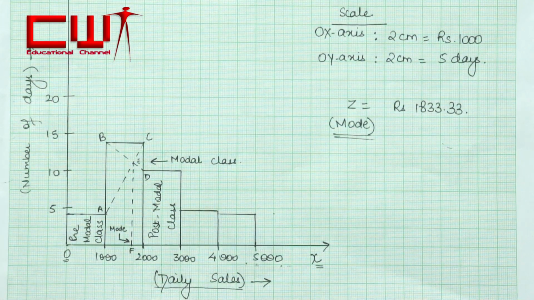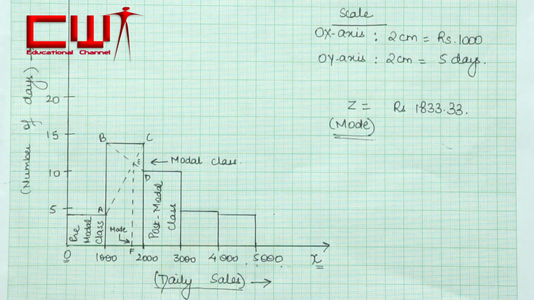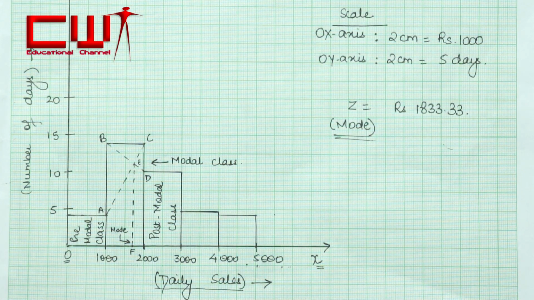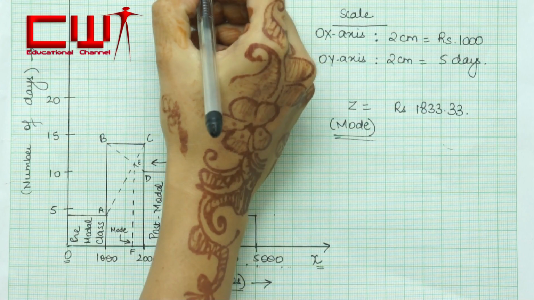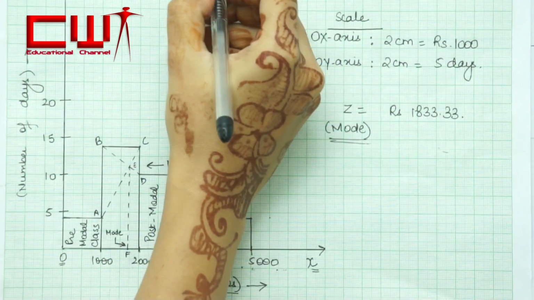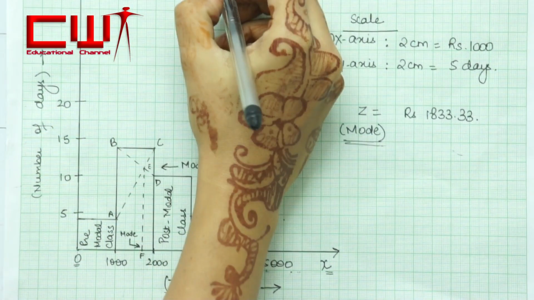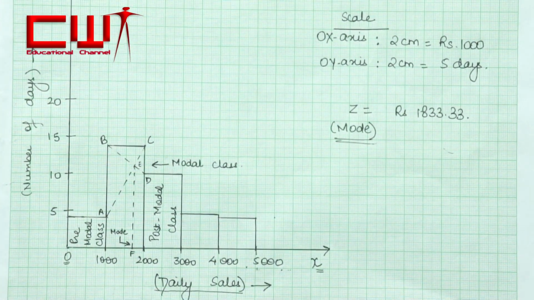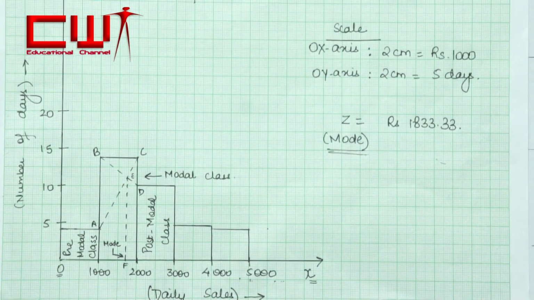You have to make one thing very sure, how many centimeters you are taking. From 0 to 1000, I have taken 2 centimeters. How? From here to this another line is one box, and one box is equal to 1 centimeter.